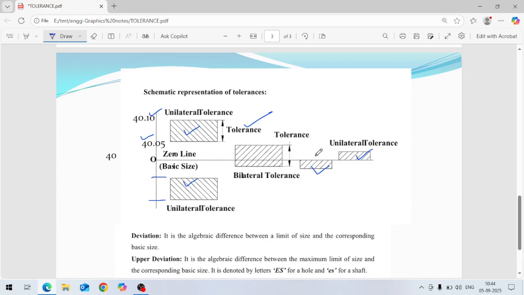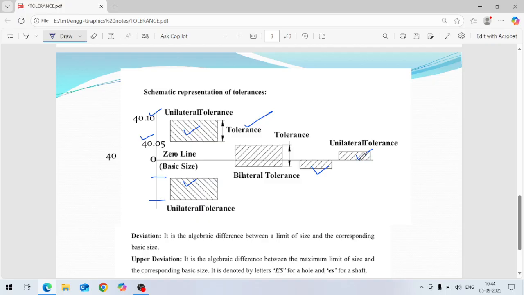So here in this case, if you see, one deviation is 0, the other is minus 0.05, because the size is 40 and this is 39.95. So here the fundamental deviation is 0, because this is very near to the basic size. And here also the fundamental deviation is 0.